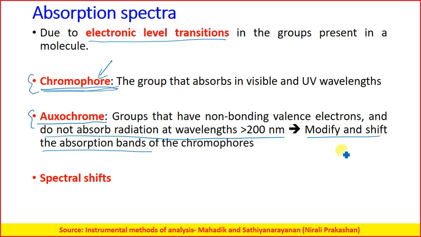Suppose initially the chromophore was absorbing say 100 photons. Now it can result in an increase or decrease in the number of photons absorbed, or it will shift the absorption band either to higher wavelengths or to lower wavelengths. These are mainly responsible for the spectral shifts.